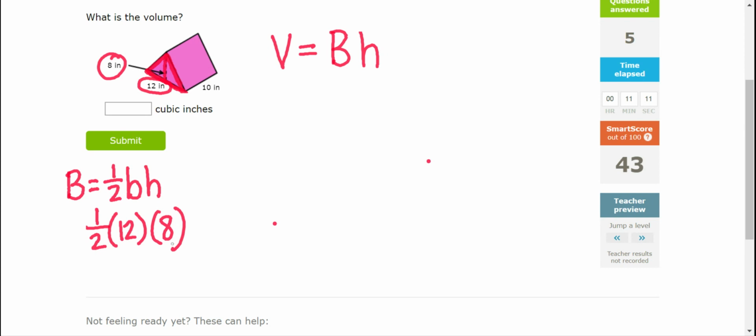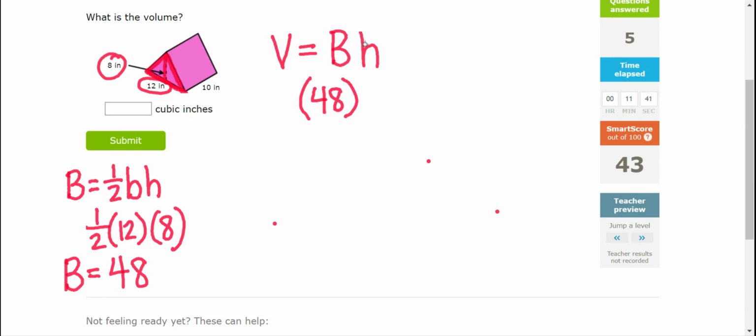So in my calculator, I'm typing 0.5 times 12 times 8. And I get 48. So that means that the area of my base, which is going to stand for this capital B, is going to be 48. Okay? So in my formula for the capital B, I'm going to substitute in a 48. Then I have this H, which stands for height.